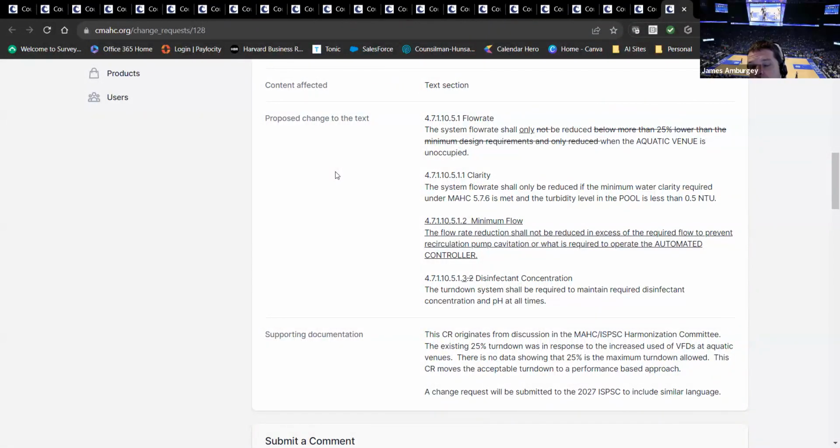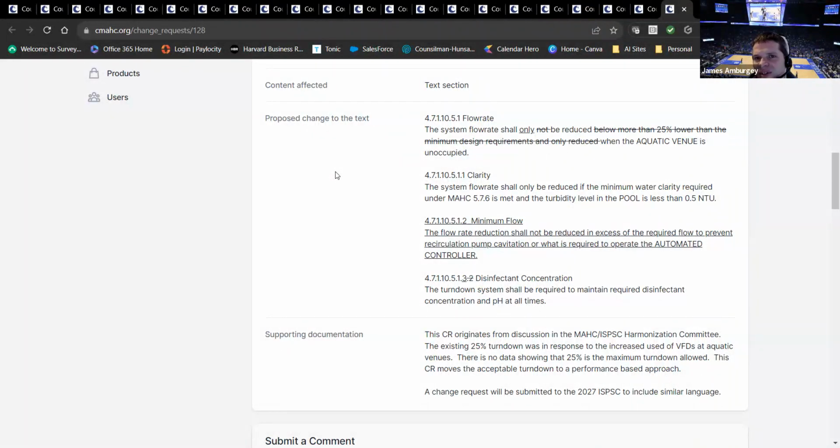Yeah, so I wrote this piece of code initially, and it was designed so that if people had good filters and good water quality, and they had an online turbidimeter to prove it, they could take advantage of this by turning down by 25%. If you take out the 25%, you could go from a 6-hour turnover to an 18-hour turnover or a 24-hour turnover or whatever you want.